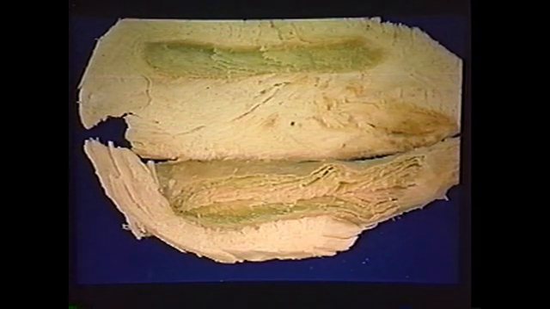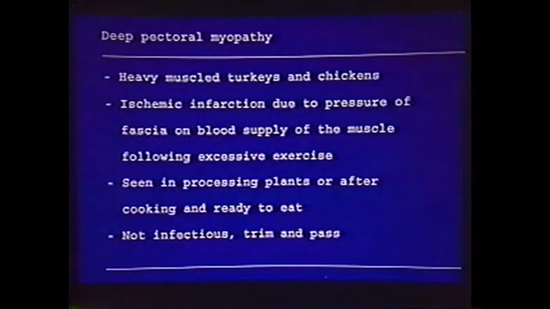So if the bird is being chased, the deep pectoral muscle will become large in size, but the fascia around it will not grow at the same speed. As a result, the fascia starts to compress the blood vessels and block the blood supply, causing infarction of that muscle, compartmental infarction.